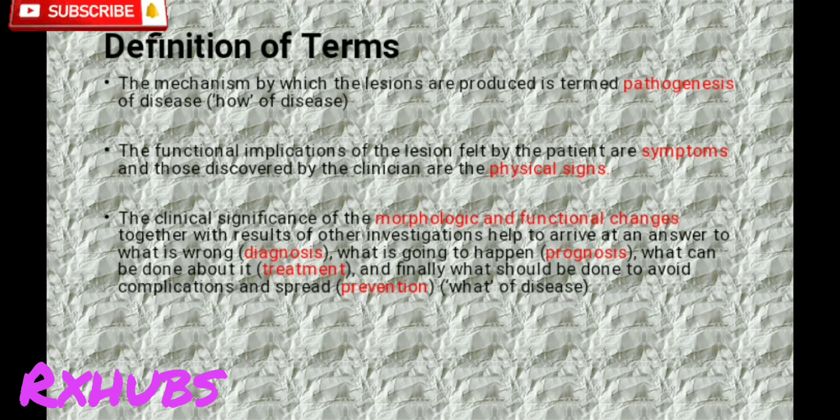So always when dealing with pathology, you have to understand what is wrong, which is the diagnosis, what is going on, which is the prognosis, what has to be done about it, which is the treatment, and finally what should be done to avoid complications and recurrence of that disease, which is the prevention.